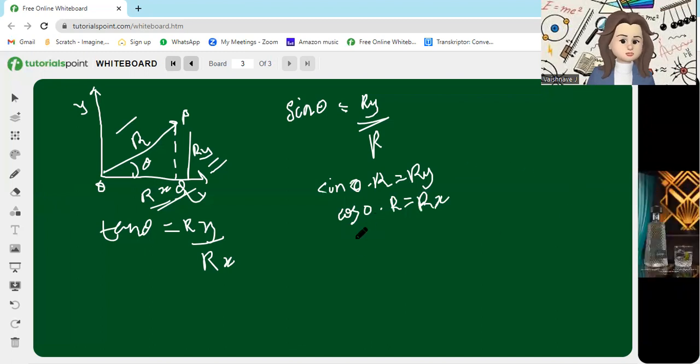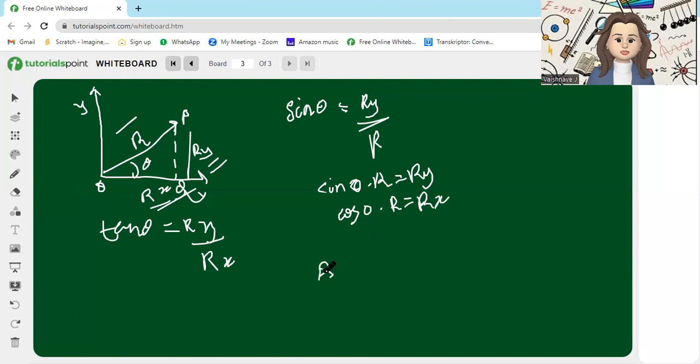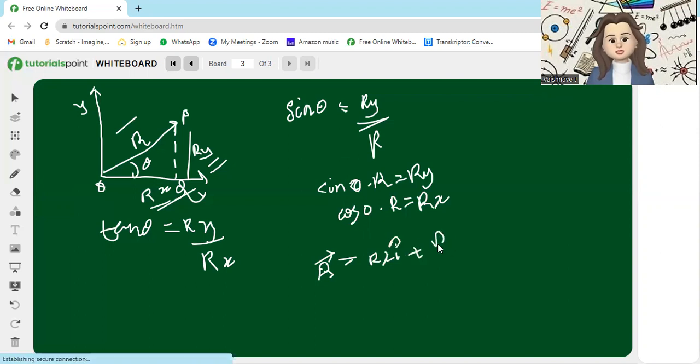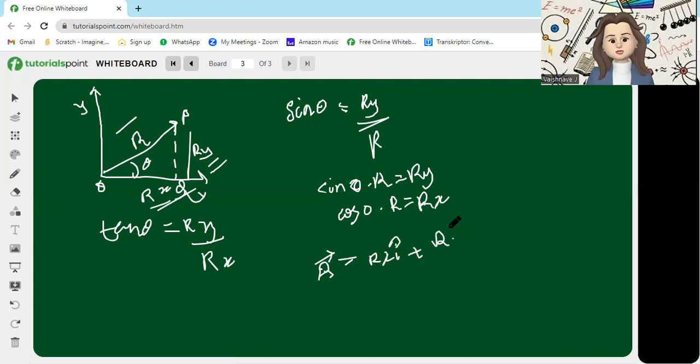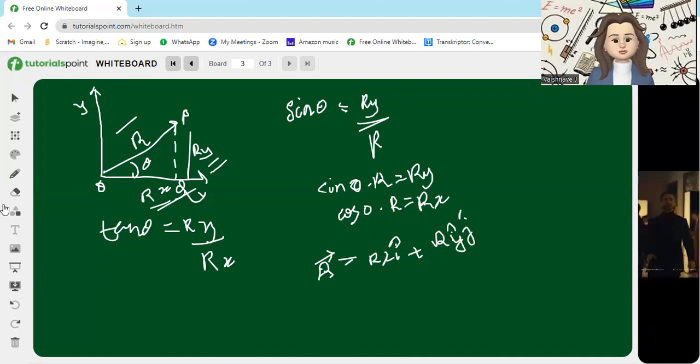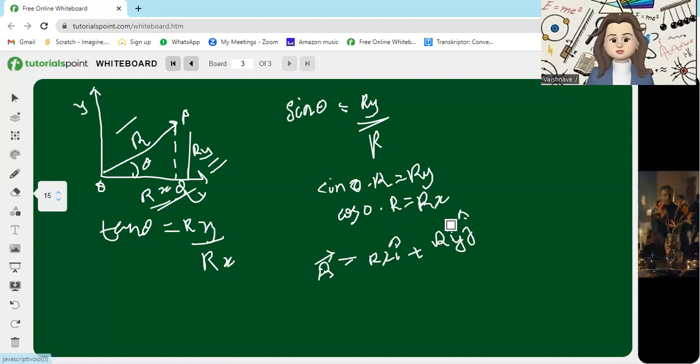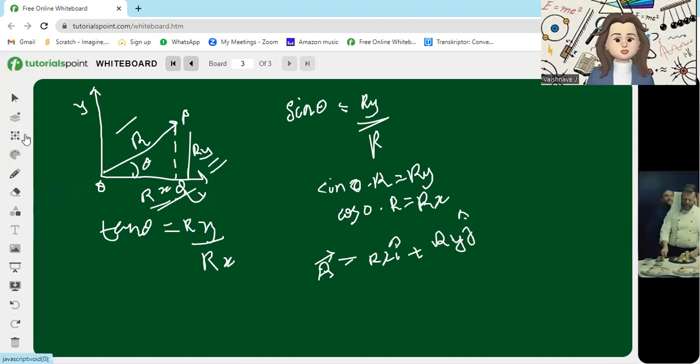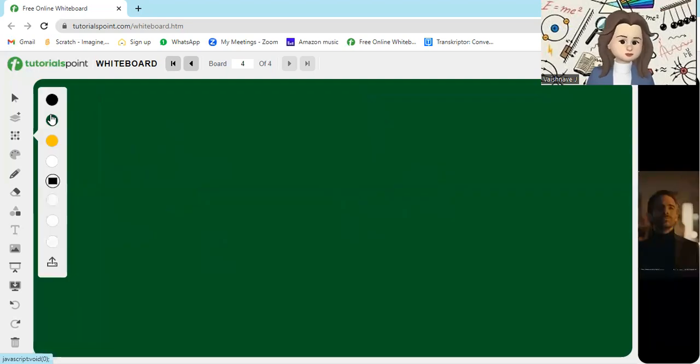Based on these components, we'll again get the vector form, which is r bar is equal to rx i cap plus ry j cap.